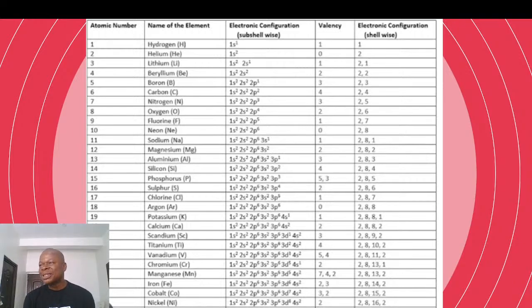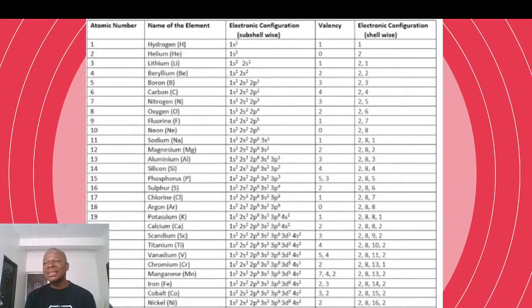If you sum them up, that is 2 plus 2 plus 4, that is 8. That gives you the atomic number of oxygen. In its shell configuration, the valency should be 6, because that's the one at the outermost shell. There's a mistake there. Then you have 2, 6. The K shell is 2, the L shell is 6.